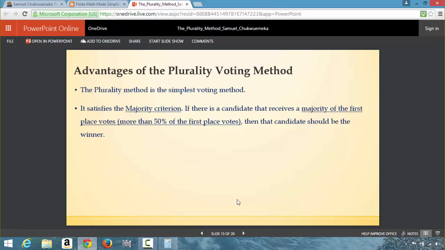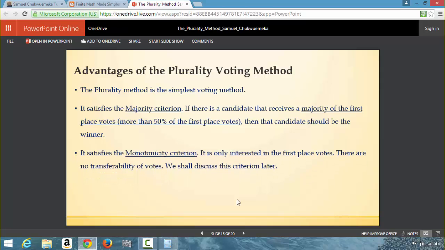It means that if you have a majority in the election, then the plurality voting method should declare that majority candidate as the winner. If you have a majority candidate, then the plurality candidate will be that majority candidate. That is what it means that it satisfies the majority criterion.